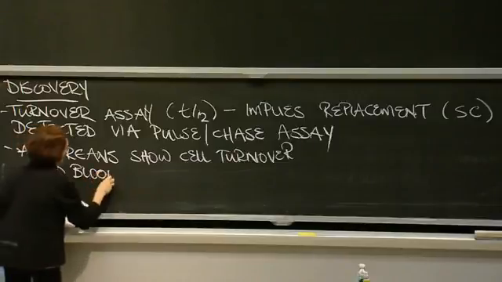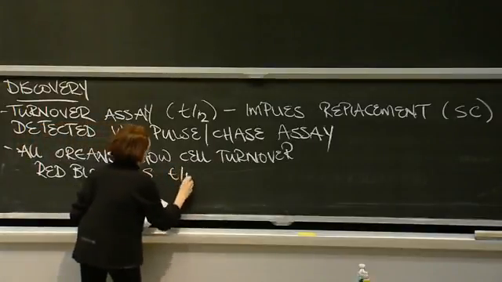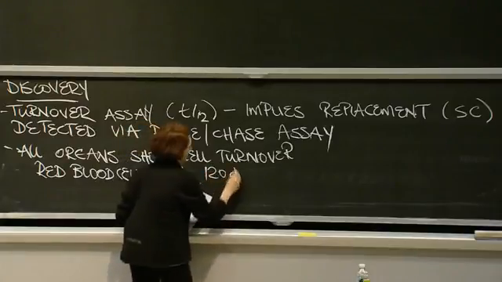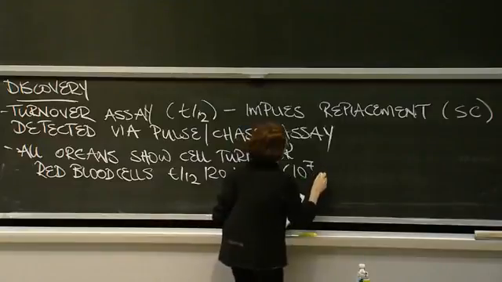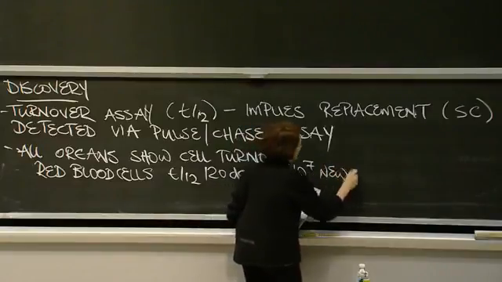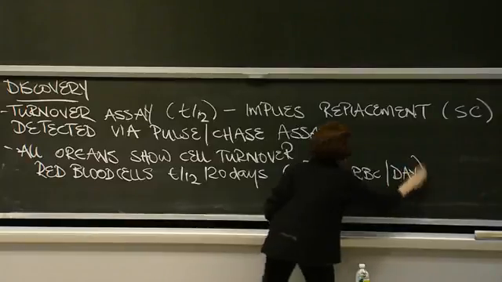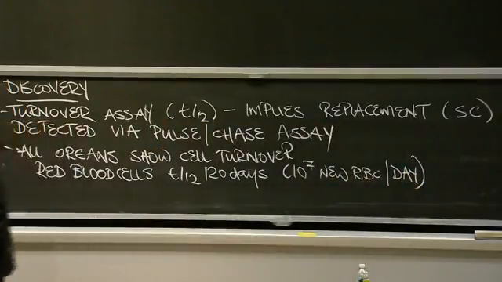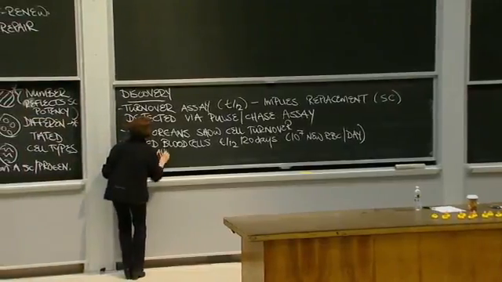There are a lot of red blood cells in your body, and in fact, that implies that there are about 10 to the 7th new red blood cells made a day. In your intestine, the half-life of cells is 3 to 5 days in the small intestine.